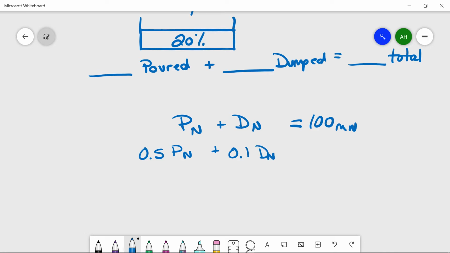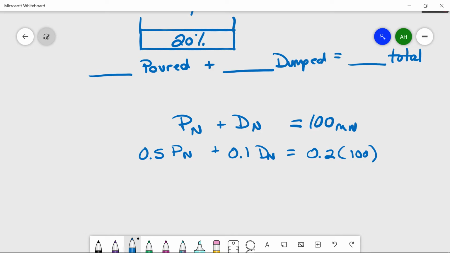All right, and then what I want to wind up getting in the end, considering the iodine, is going to be 0.5 iodine poured in, 0.1 iodine dumped in, and in the end, I want to get this 0.2 of 100 milliliters. So I'm going to have 100 milliliters. Well, 0.2 of it is going to be iodine.